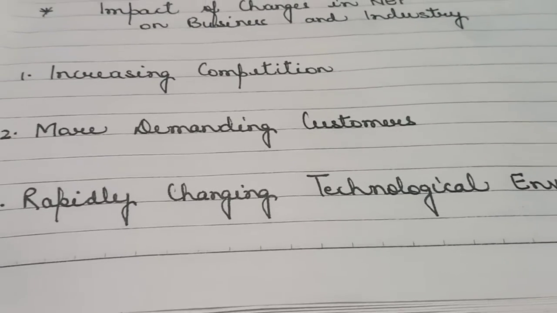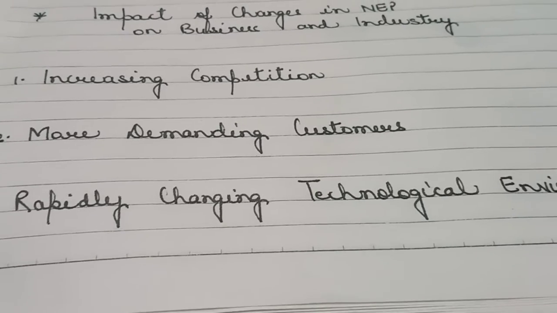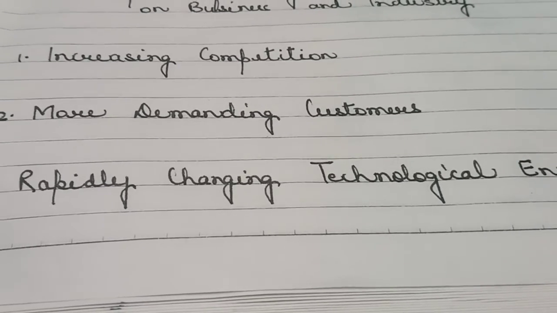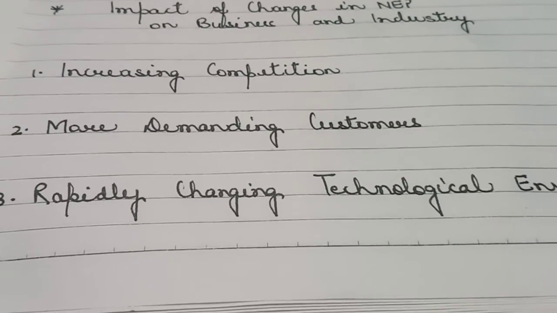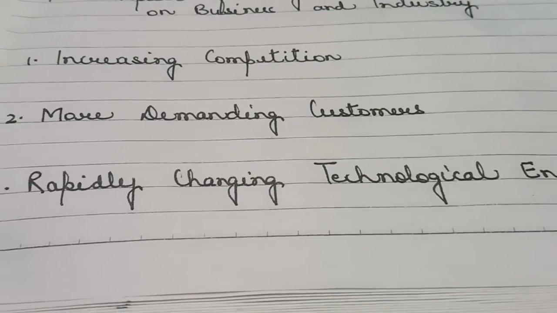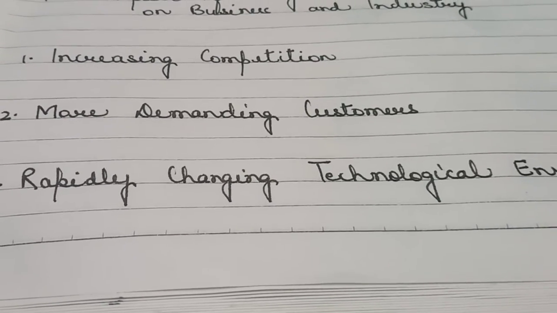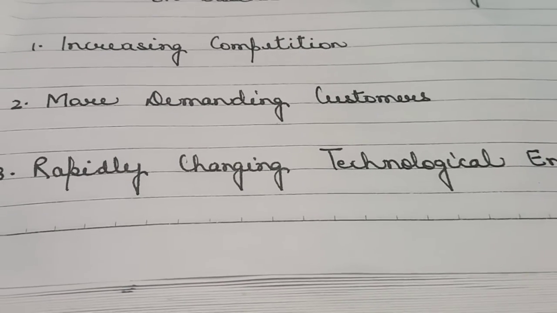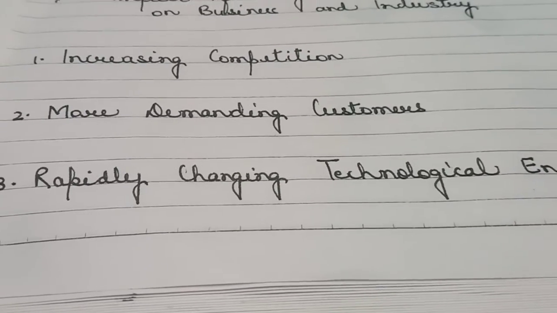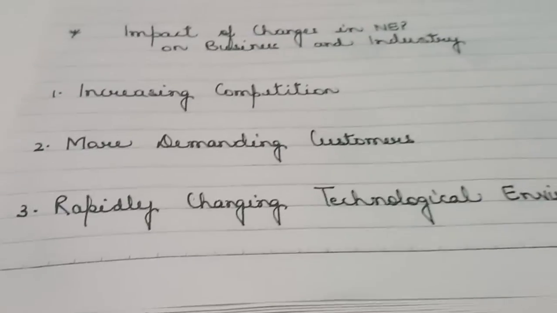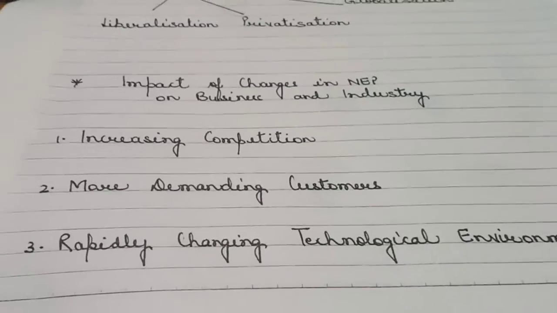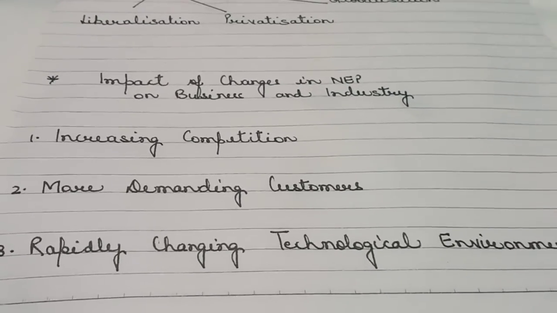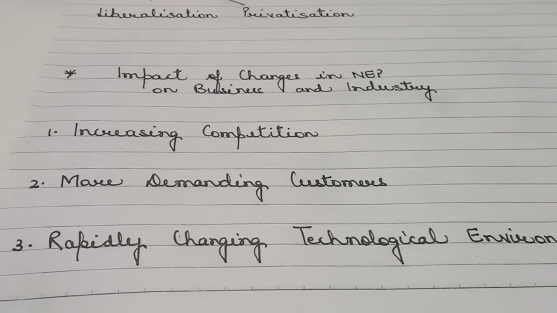But after the new economic policy, world-class competition started, and to stand this global competition, the companies had to adopt world-class technology. To adopt and implement world-class technology, children, the investment in the research and development department had to increase. So this technological change became a necessity.